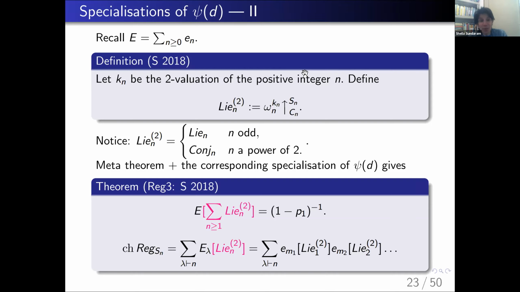Okay, I see. So this can actually be generalized. The two valuation, I think I saw Vasu in the chat. Vasu's heard me speak about this before. Instead of 2, you can replace it with any prime. You can actually do a whole set of primes.